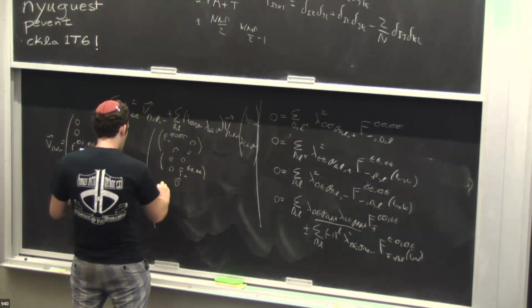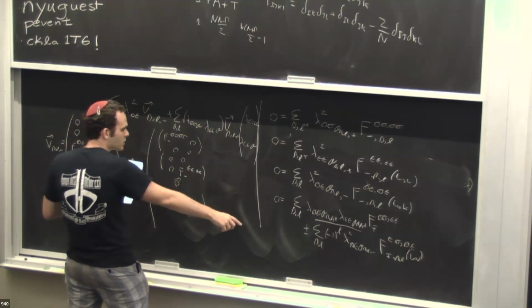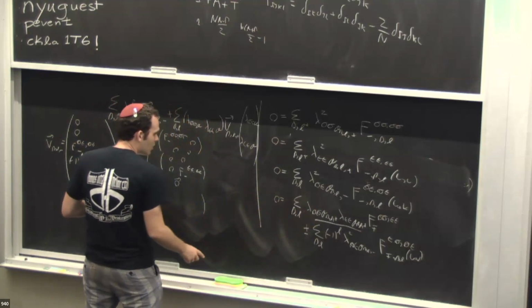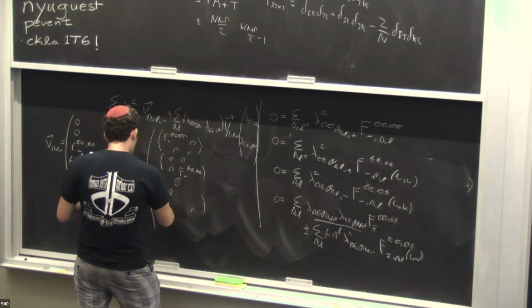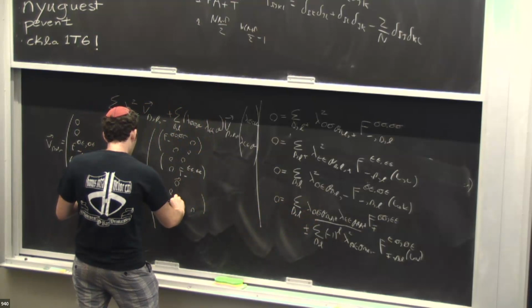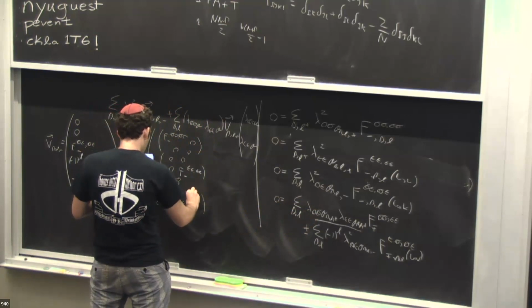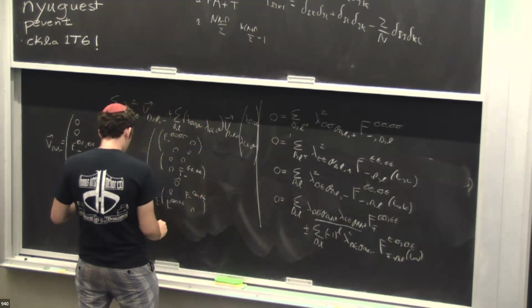And then finally, what's interesting is that for sigma, sigma, epsilon, epsilon, from these last two equations, we're going to get off-diagonal terms. So we're going to get F sigma, sigma, epsilon, epsilon minus, F sigma, sigma, epsilon, epsilon minus.